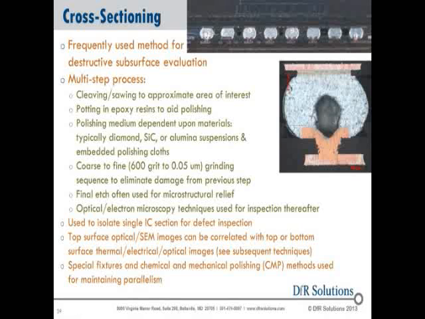Now, you can also catch these by X-rays. So very often you'll use an X-ray to figure out where the large voids are in order to then target where you're going to do your cross-sectioning in order to get specific and accurate measurements to see if it is an acceptable size void or an unacceptable size void per the IPC soldering standards.